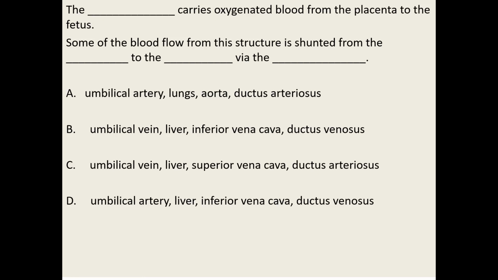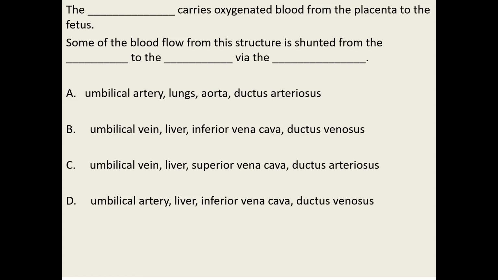Some of the blood flow from this structure is shunted from the liver to the inferior vena cava, and then the ductus venosus.